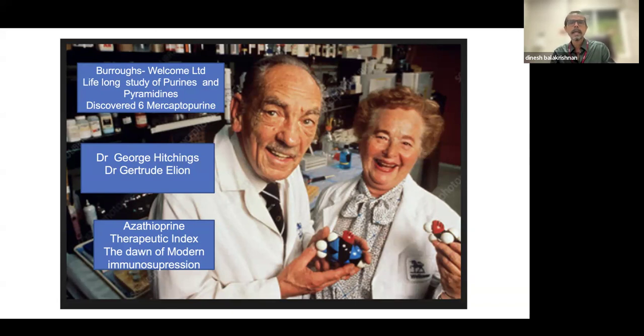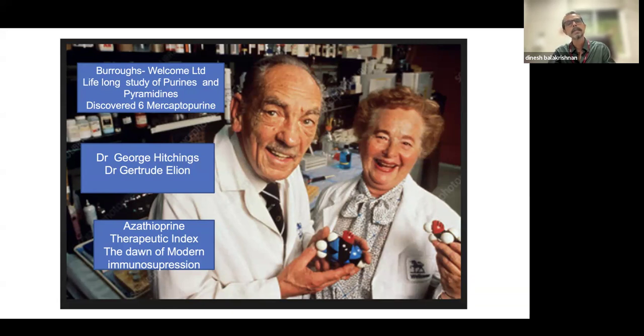At about the same time, Joseph Murray was trying to find chemical immunosuppression. Roy Calne was trying to look at some drug which can help keep the grafts that he was trying to put into patients. And they came across Dr. George Hitchings and Gertrude Elion. The first drug that was used to develop immunosuppression was a derivative of 6-mercaptopurine, azathioprine, which we still use to this day.